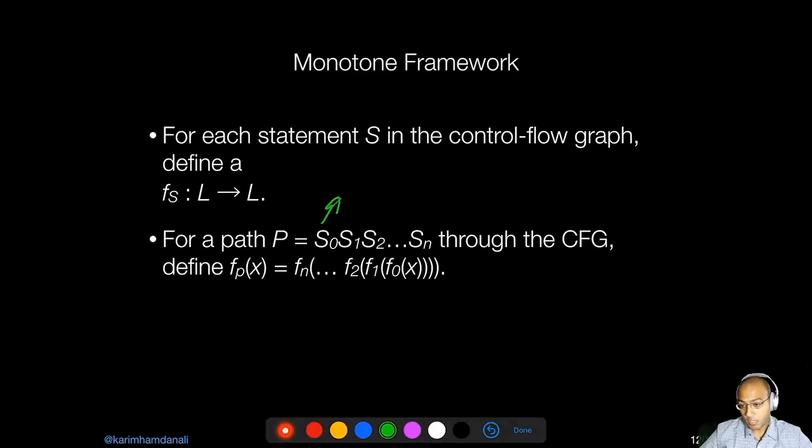So this is the very first statement or the entry point of the program. Statement number 1 is the next one, statement number 2, all the way up to the current statement that you're interested in, which is Sn, or statement n, through the control flow graph. And we're going to define the flow function of that path to be the composition of all the flow functions along the way, given the input x.